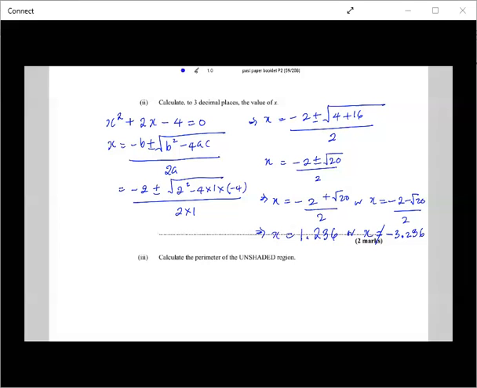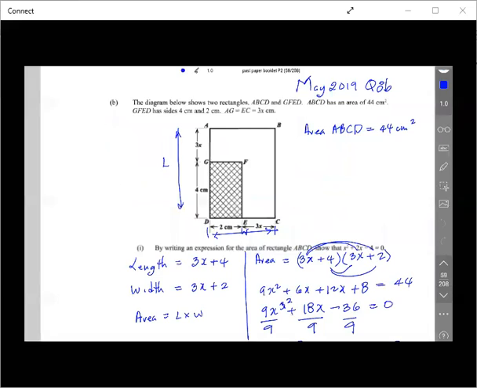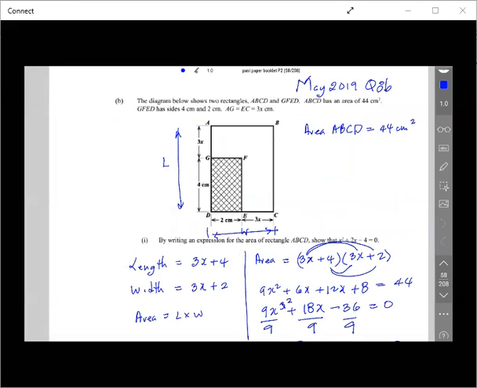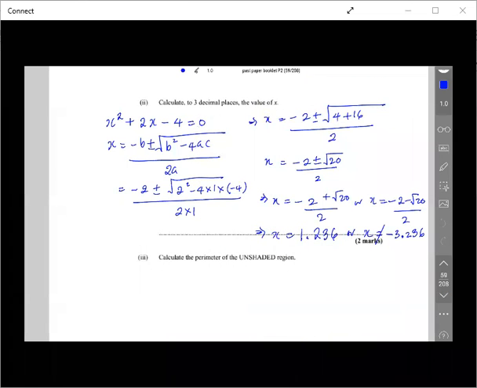The next thing we're asked to do is calculate the perimeter of the unshaded region. Let's get back up to it for a little. Let us see if we can reproduce it. 3x plus 4 on this side, and 3x plus 2 on the top side.